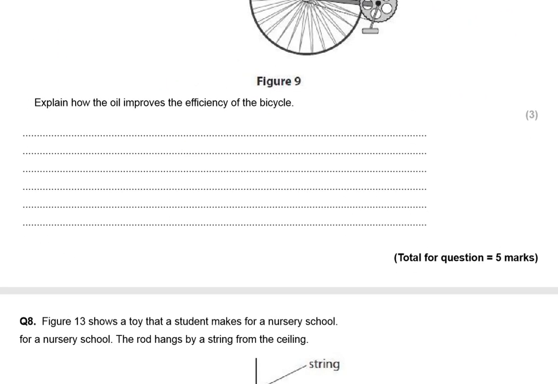Good. Now, what is going on here? Now, this is a good question. Oil. Now, oil, okay, what does it do? Okay, so oil provides lubrication. And what does it do? It reduces friction.